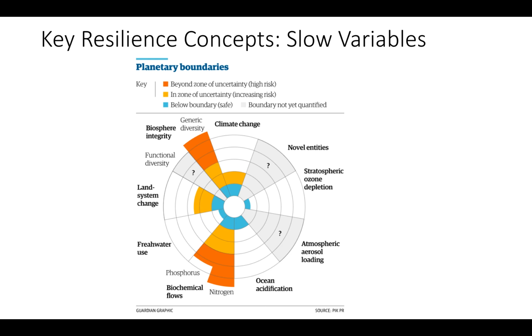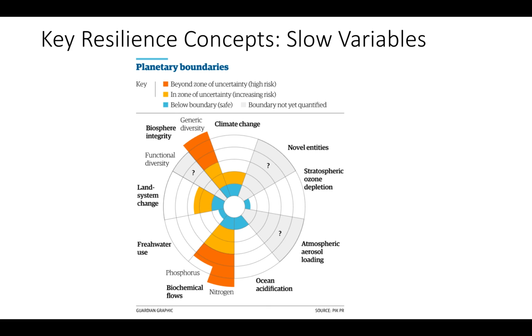You can see there's a handful: climate change, ozone depletion, ocean acidification, biochemical flows, fresh water, land system change, biosphere integrity.